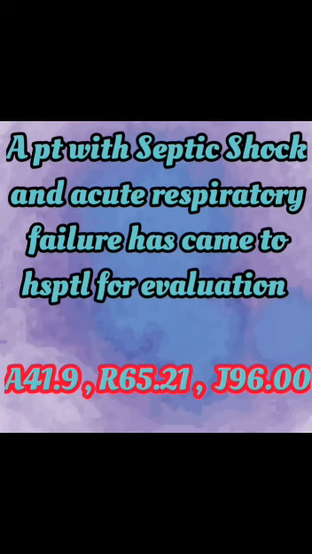So here first we will code organism. The organism code is A41.9 as unspecified organism. Next we will code the severe sepsis, that is septic shock, R65.21. At last respiratory failure code, that is J96.0.